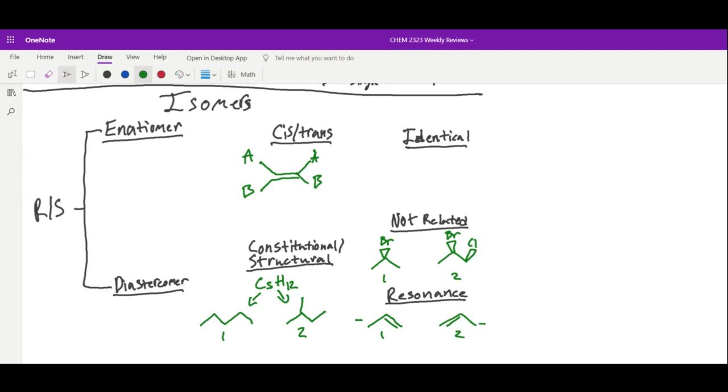Or not smaller or bulkier, let's say they're the same compound. Instead of examples, I'll just do an actual example.